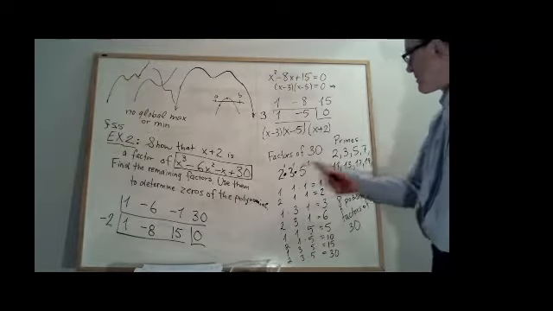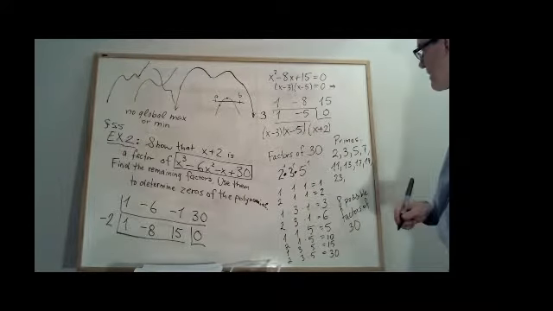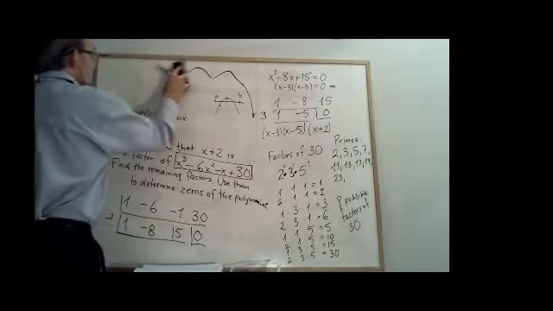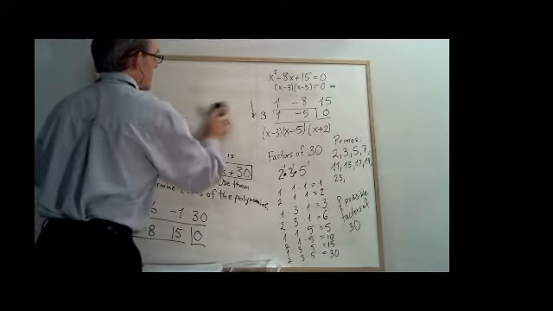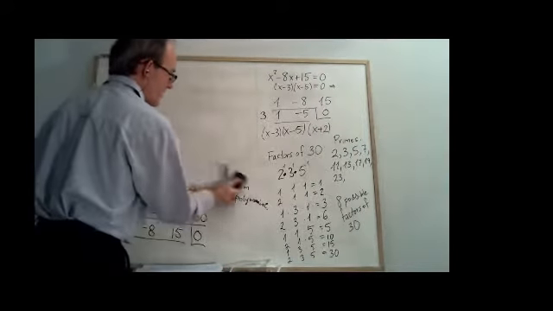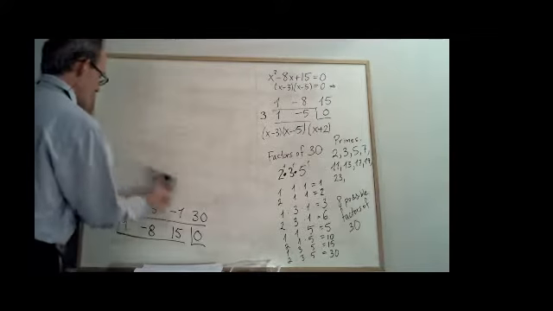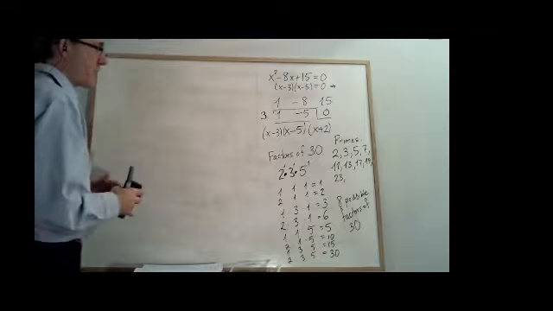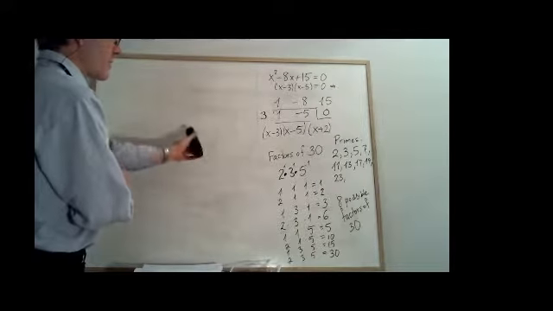So 2 times 2 times 2 gives you 8 possible factors of 30. I think it's a result from number theory: how to calculate all the factors of a given integer, of a given whole or natural number.